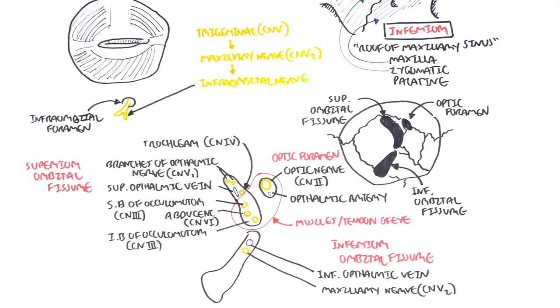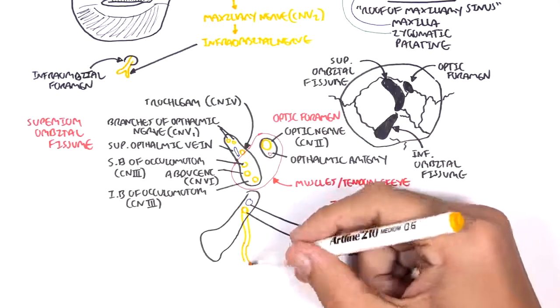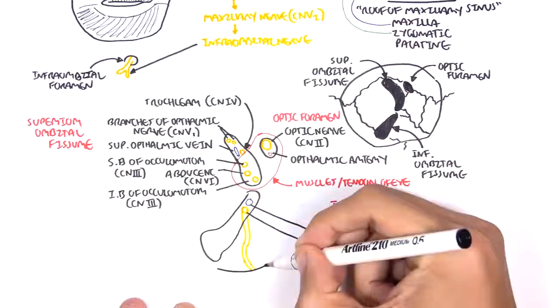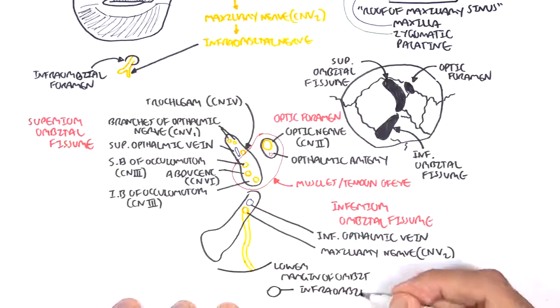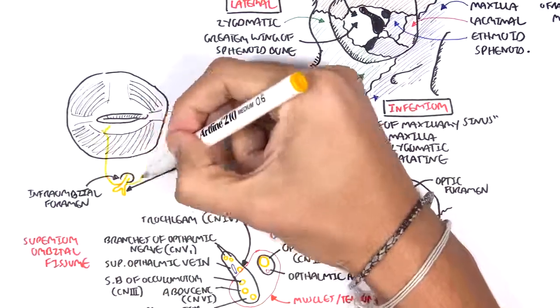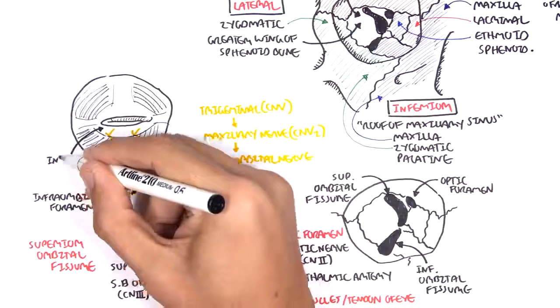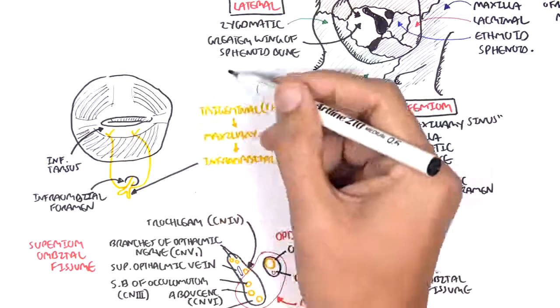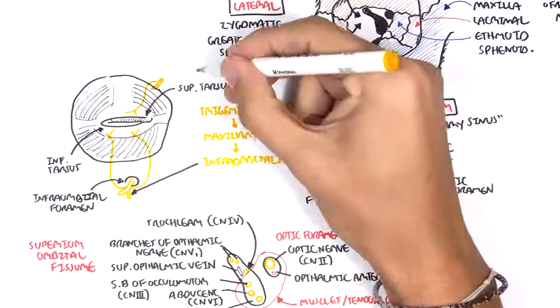So if you remember the inferior orbital fissure here, we have a maxillary nerve off the trigeminal, which passes the lower margin of the orbit and exits through the infraorbital foramen and becomes the infraorbital nerve. The infraorbital nerve supplies the inferior tarsus muscles, which are the muscles of the eyelid.